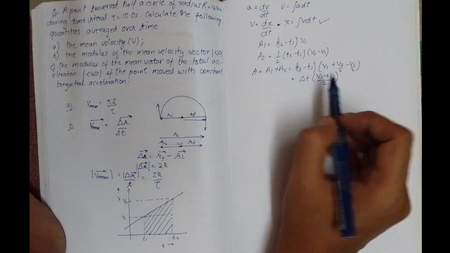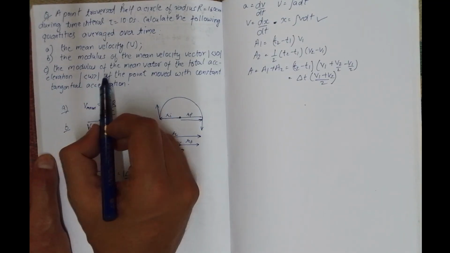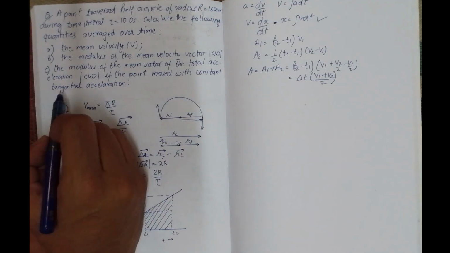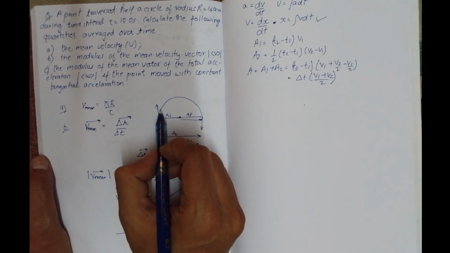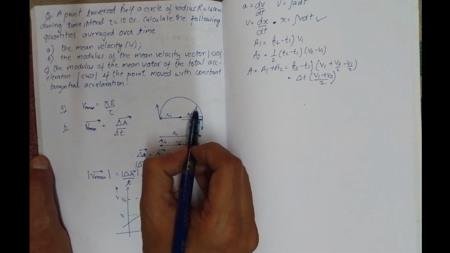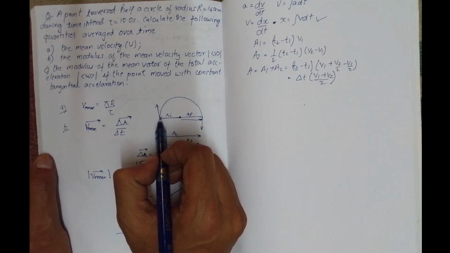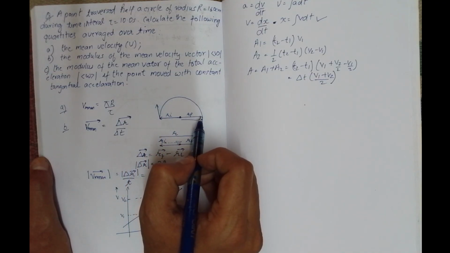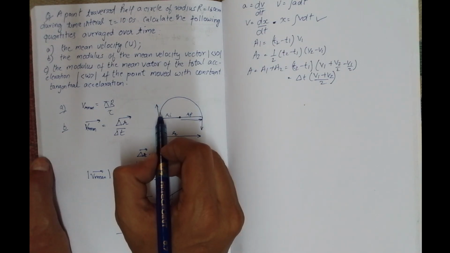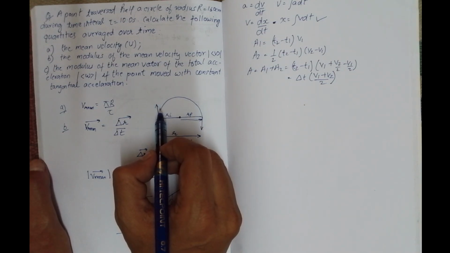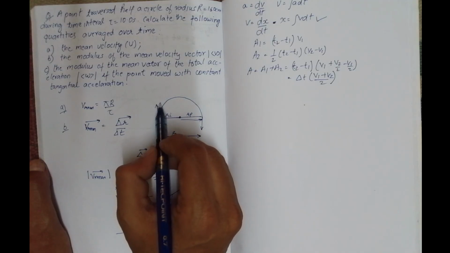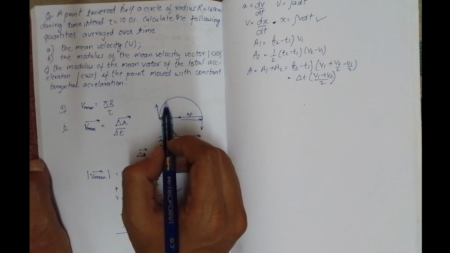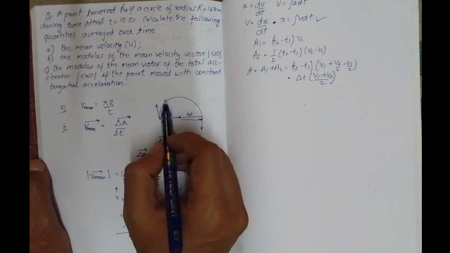Okay, now we've seen this. Now let us come back to this part of the question. The modulus of the mean vector of the total acceleration if the point moved with a constant tangential acceleration. Say this is the trajectory of the particle and it moves with a constant tangential acceleration. You can think of this path as a straight line, because it's quite similar to a straight line path in the sense that the direction of the velocity changes continuously, and its magnitude also changes, but the acceleration along the tangent is constant.